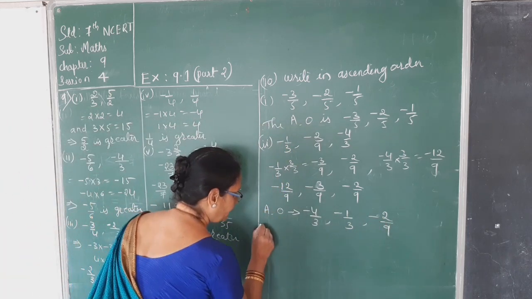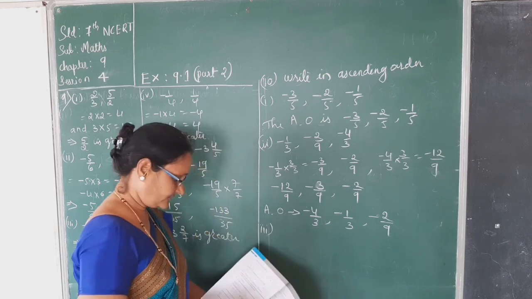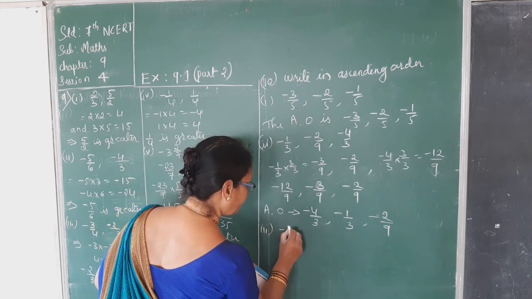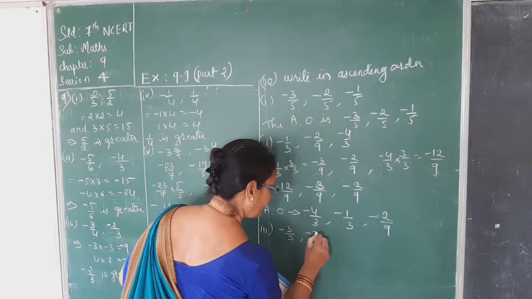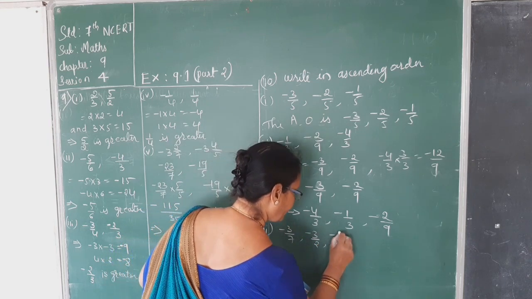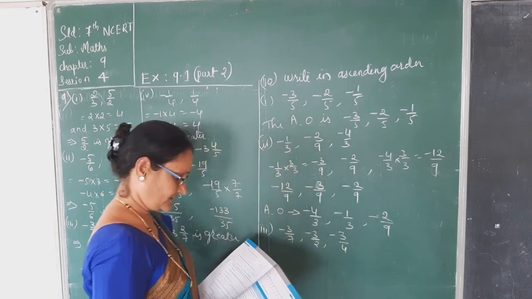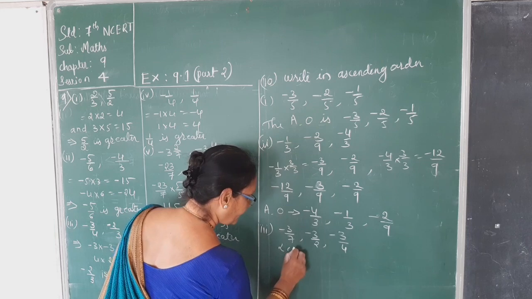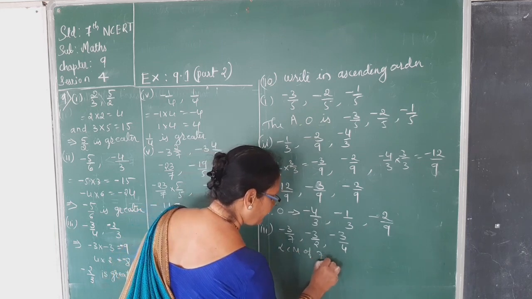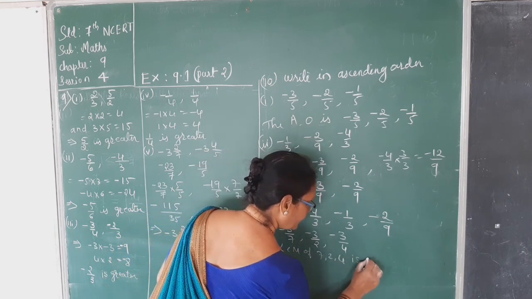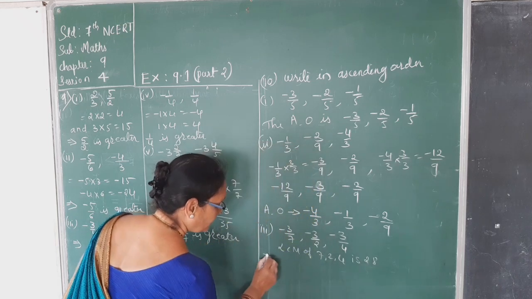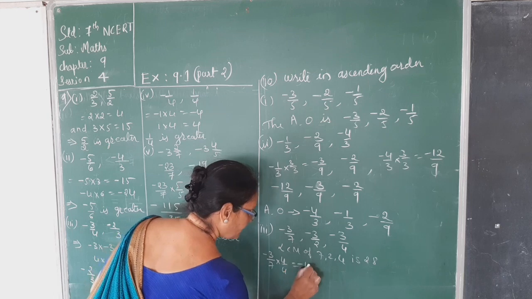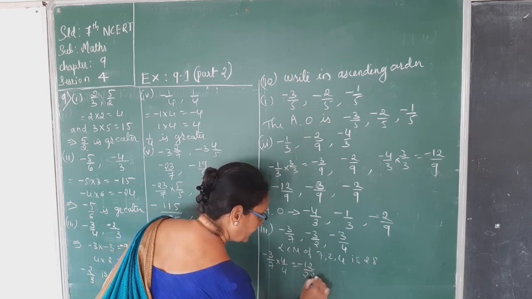Then the last one, third main, that is minus 3 by 7, minus 3 by 2, minus 3 by 4. Here see, LCM of 7 and 4 is 28. So minus 3 by 7 into 4 by 4 is minus 12 by 28.